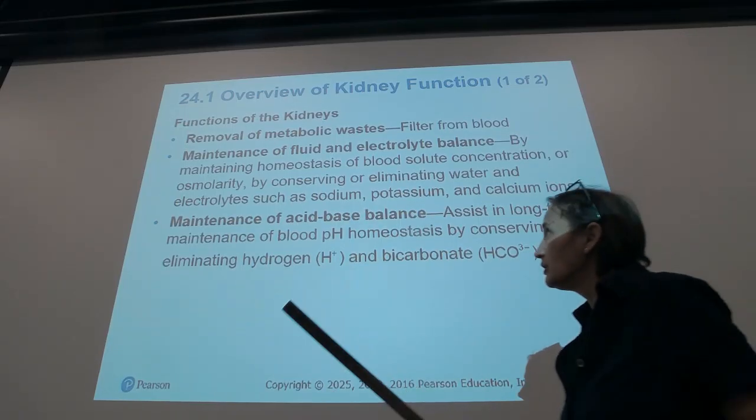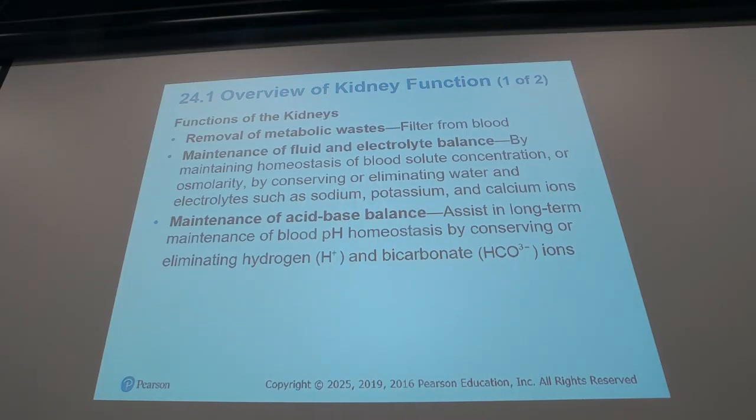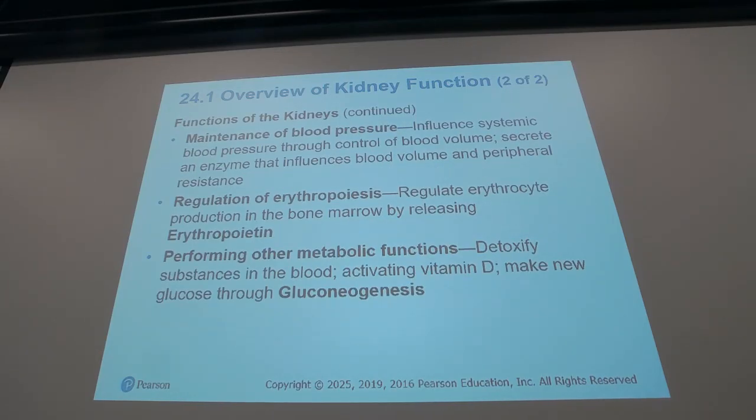So, functions of the kidneys: remove metabolic wastes and maintain fluid and electrolyte balance. They also help us maintain acid-base balance because they can eliminate hydrogen ions, produce bicarbonate, and prevent bicarbonate from being lost in the urine. Another function is to help us maintain blood pressure.